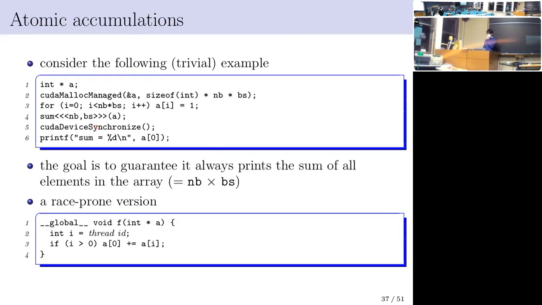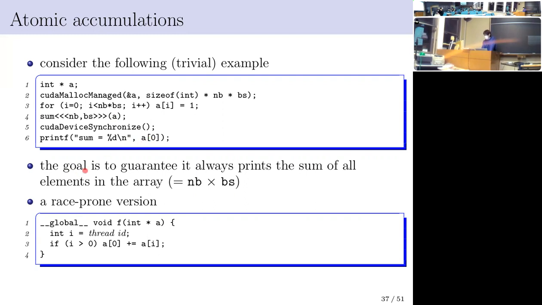Okay, so this is what atomic accumulations actually look like. So the situation I'm talking about here is, okay, so you have array A all initialized to 1, and you are calling a CUDA kernel whose intention is to get the summation of all the elements of this array A. And the result is supposed to come at the first element of this array.